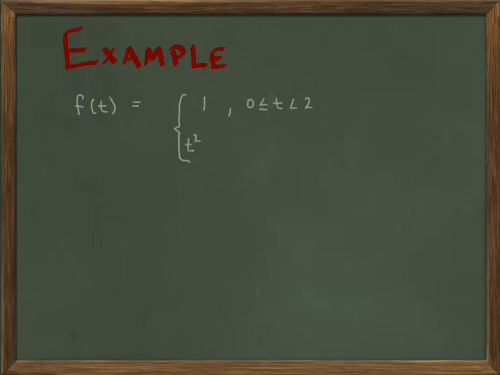So in this example, we have a piecewise function f of t, and it equals 1 when t is from 0 to 2, and f of t also equals t squared minus 4t plus 4 when t is greater than or equal to 2. And the best way to think of piecewise functions is a main function, your f of t or x of t or f of s or anything really.